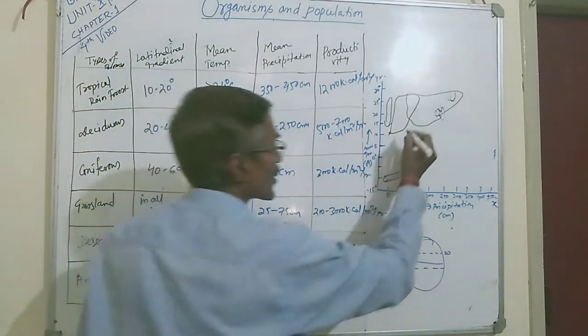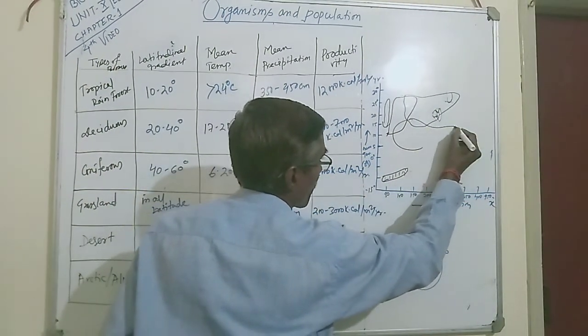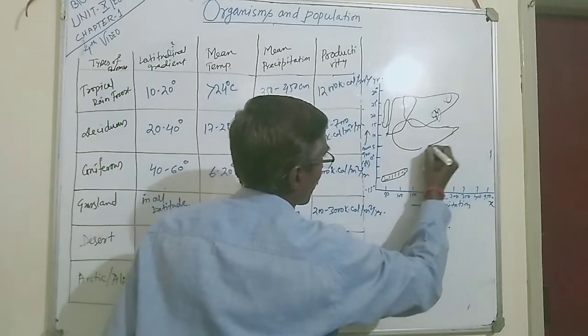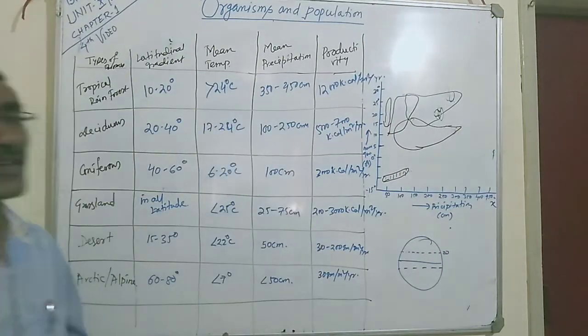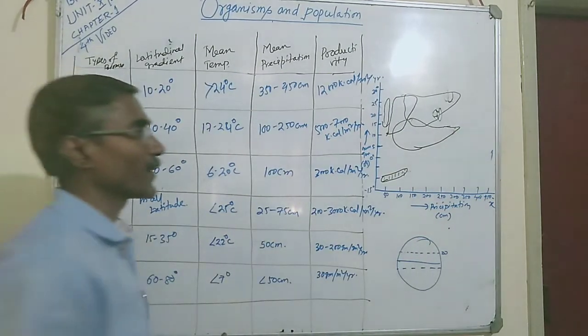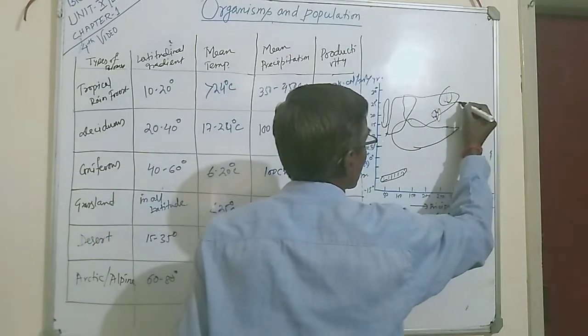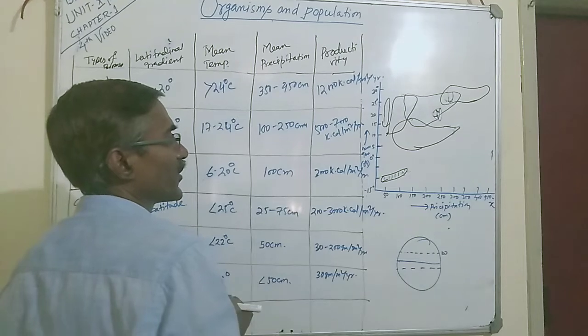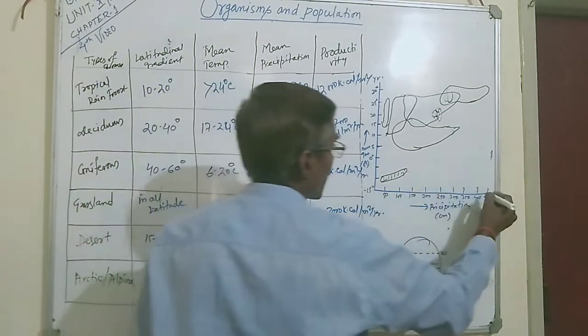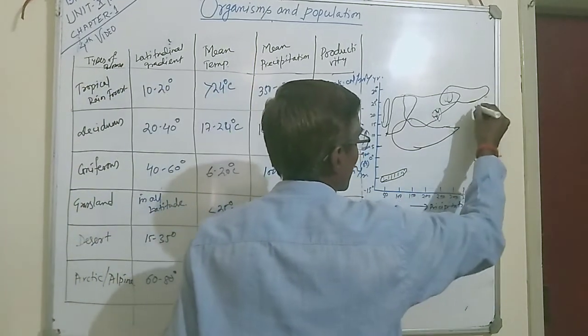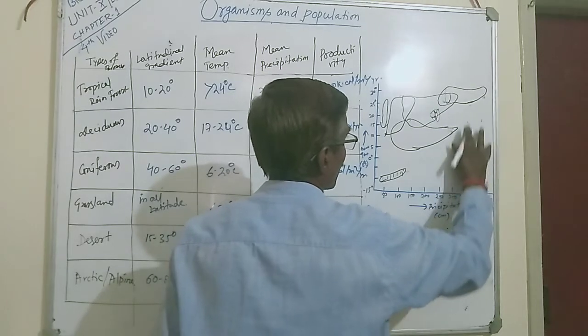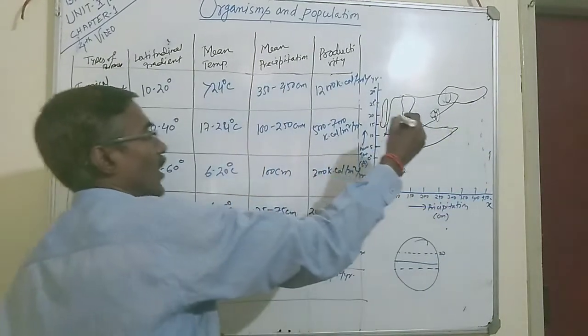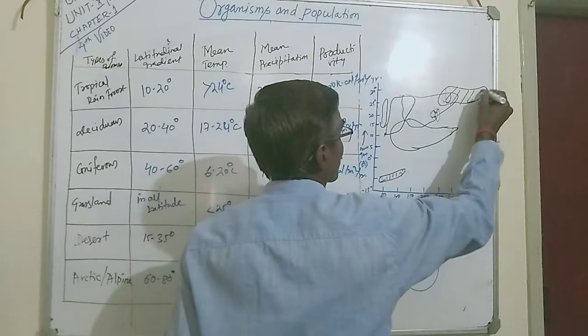And the tropical rainforest has the maximum temperature, greater than 25 degrees centigrade, and maximum precipitation, near about 450, 350 to 450. This is the maximum, so it is a highly productive area.